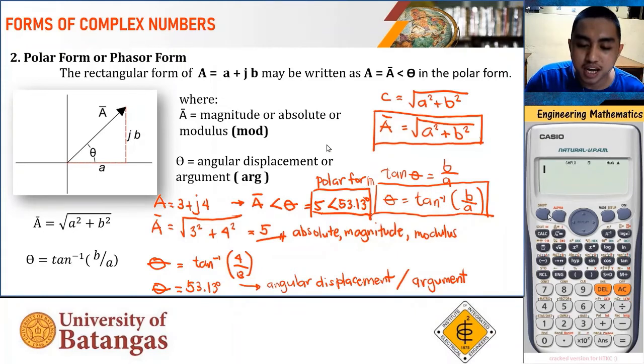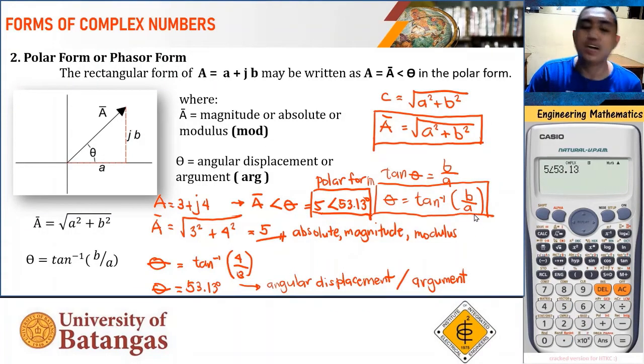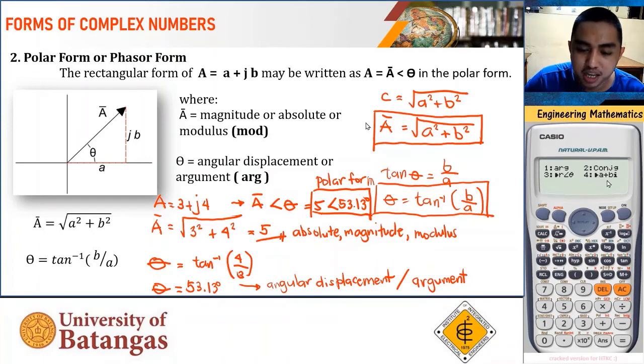Okay, so dito sa ating shift complex, pwede din natin pabalikin yung ating polar form papuntang rectangular form. So, halimbawa, meron akong 5 bar angle 53.13. So, pwede ko itong pabalikin sa rectangular form. So, paano yun? So, shift complex, pabalik naman dito sa rectangular form.